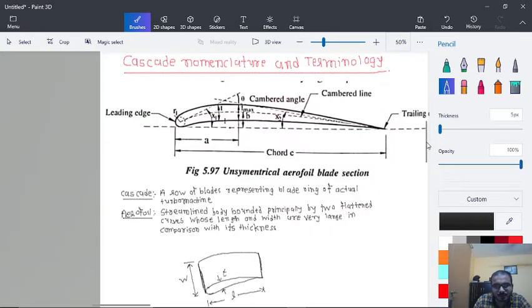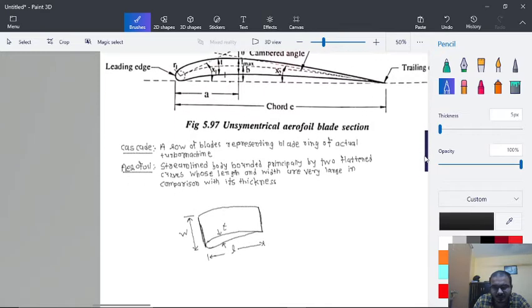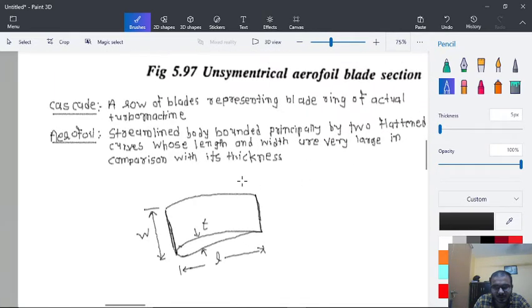Now here we will be focusing on the terminology, or still we are left with one more definition, that is the camber line.